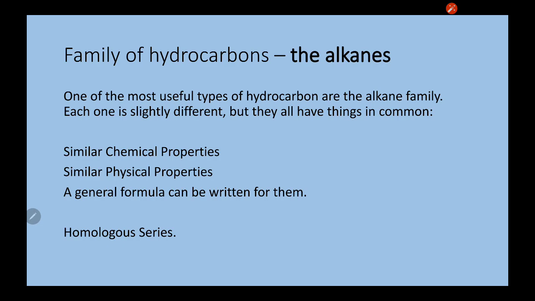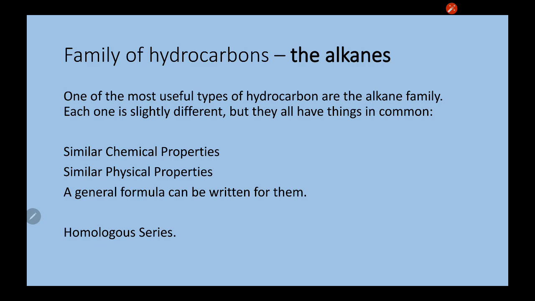Let's move on. Now, we're going to talk about one particular family of hydrocarbons, as I've said, and that family of hydrocarbons is the alkanes. And that's one of the most useful types of hydrocarbon. Each one is slightly different, but they have a few things in common. They have similar chemical properties, similar physical properties.